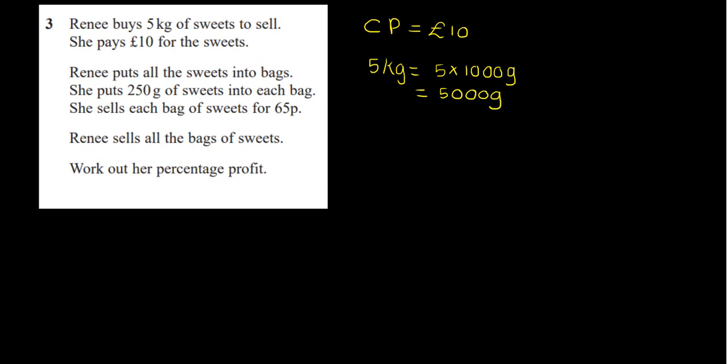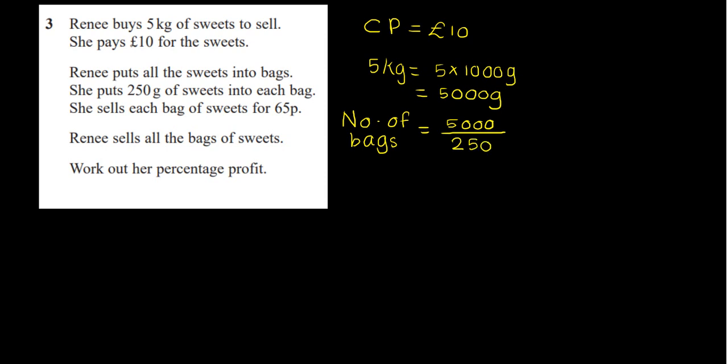So to get the number of bags, I'm going to divide 5000 grams, which is 5 kilograms, by the mass of the sweets she puts in each bag, which is 250.